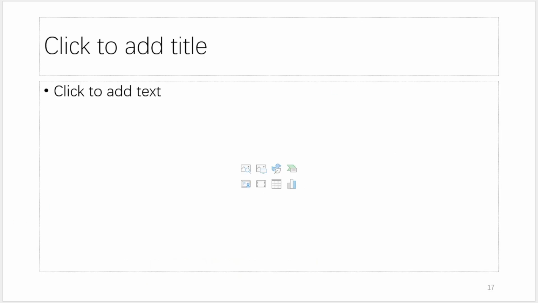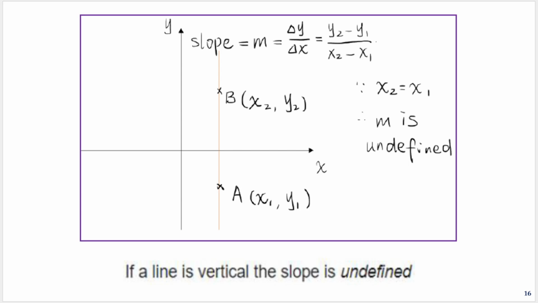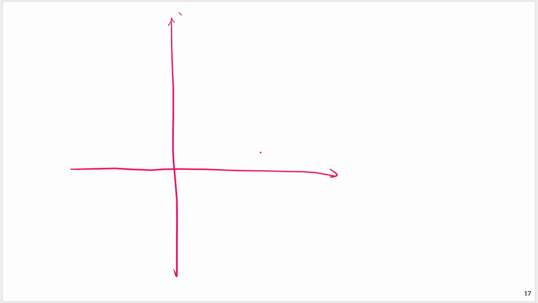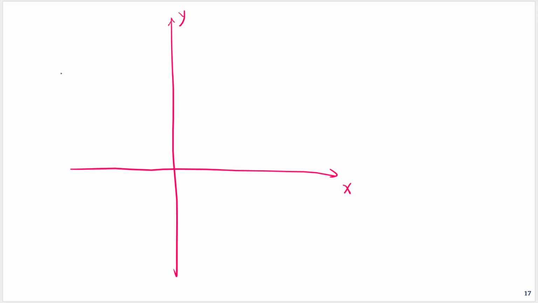Okay, so next, let's make a summary of the four cases we have just talked about. Suppose we have a 2D Cartesian plane like this, and suppose the line crosses the origin. When the line is parallel to the x-axis, we know m equals 0, right?